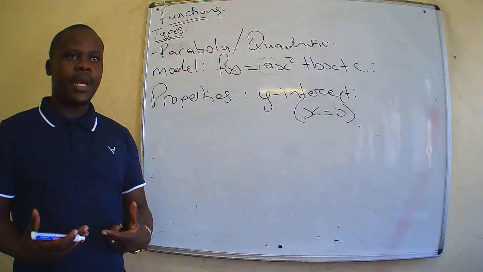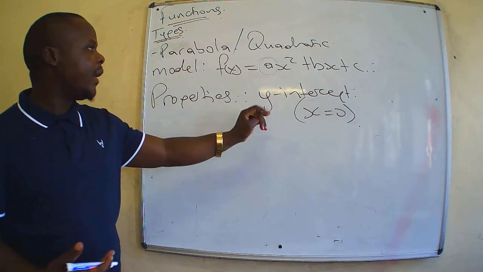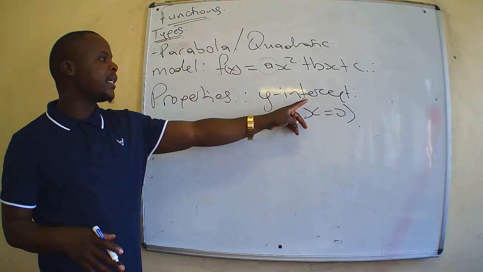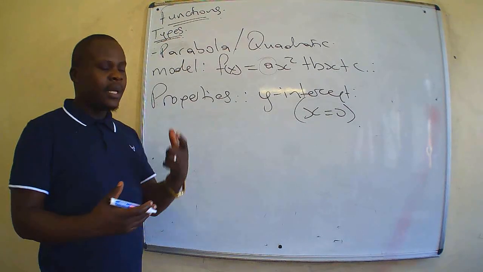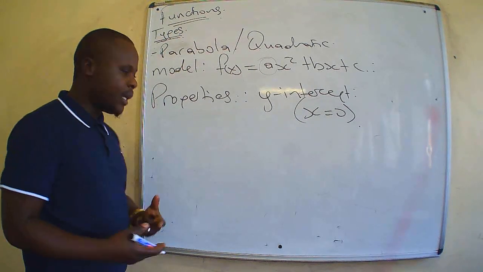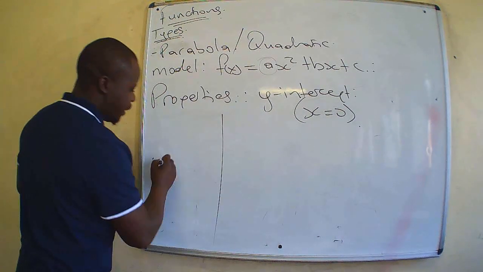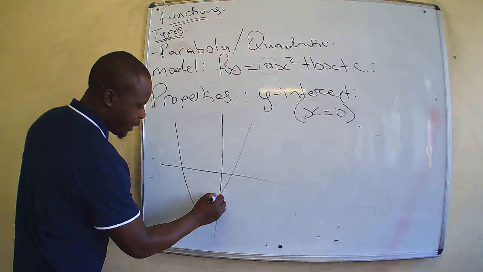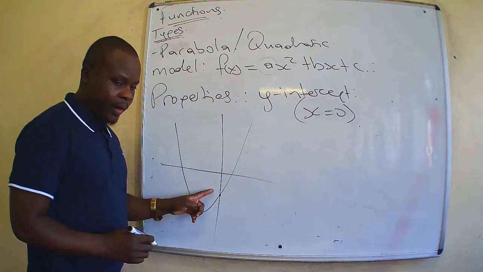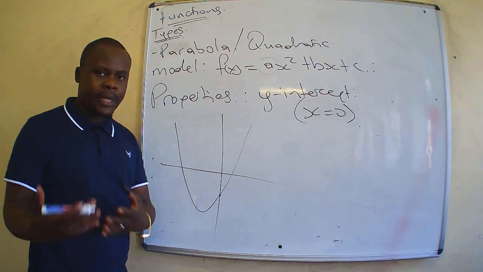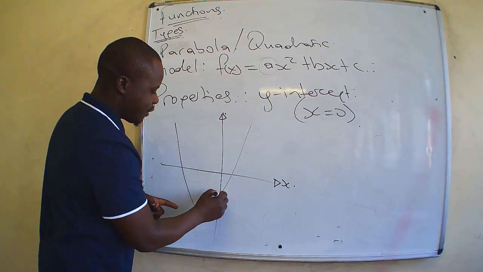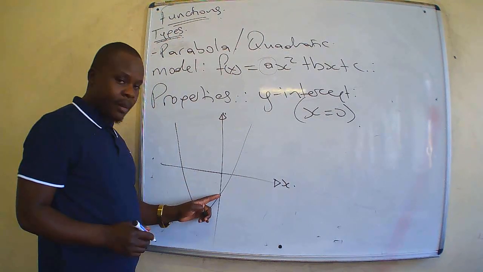So if x becomes 0, then you can find the y-intercept, because at the y-intercept you are crossing at a point. Let's have an example here. If this is the graph that we have, at this point the x value here is 0, so y can be found.